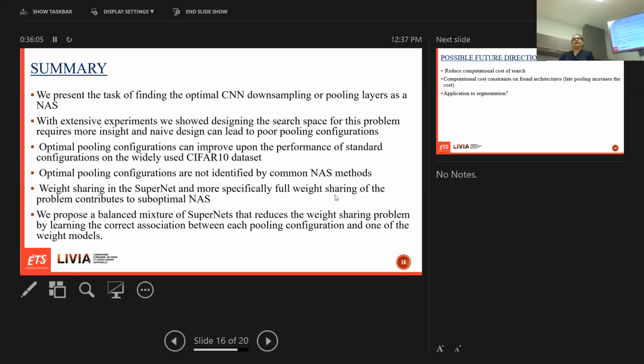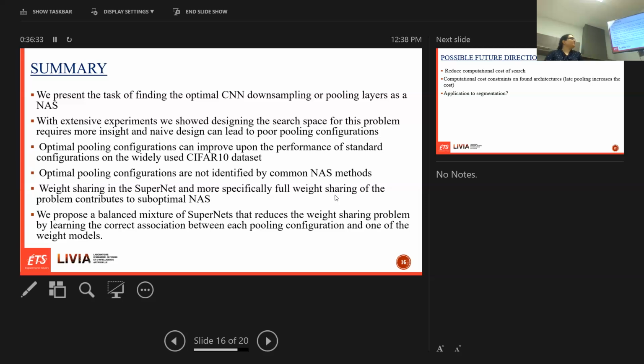The common NAS methods often fail to find the optimal configurations. We also showed that because of the search space design that is necessary for this problem, this leads to full weight sharing, which contributes to the suboptimal neural architecture search.